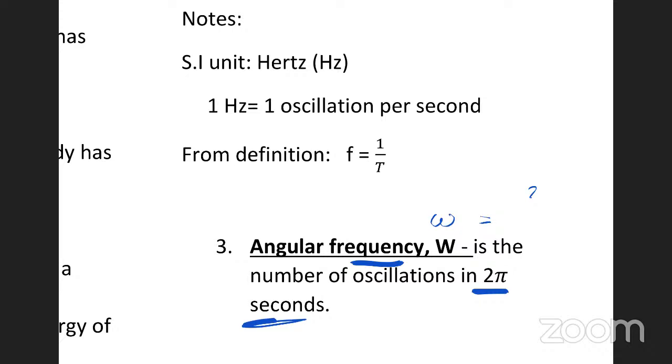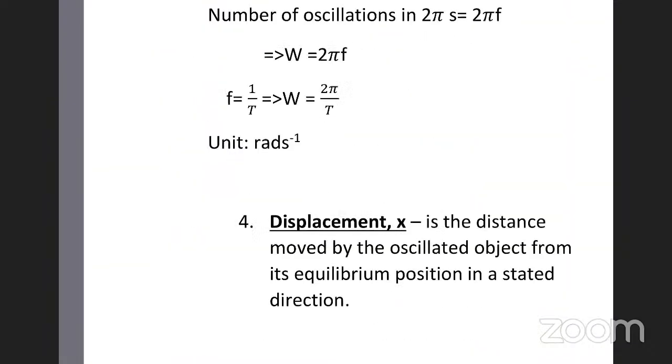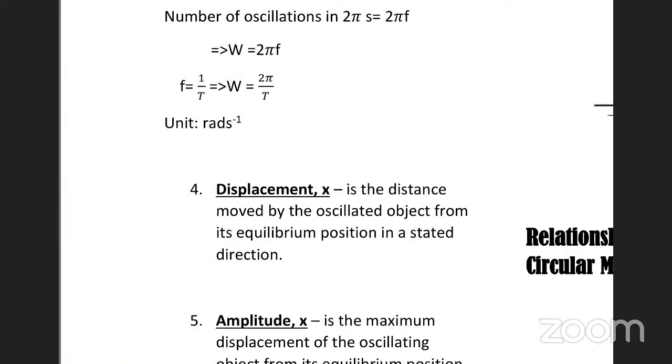So omega is 2 pi on T. That looks familiar from circular motion, right? So omega is equal to 2 pi on f, or 2 pi on T.